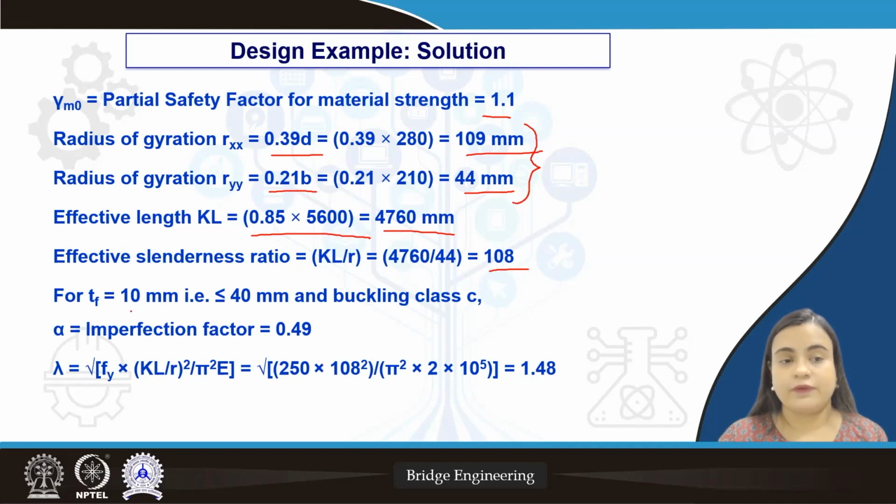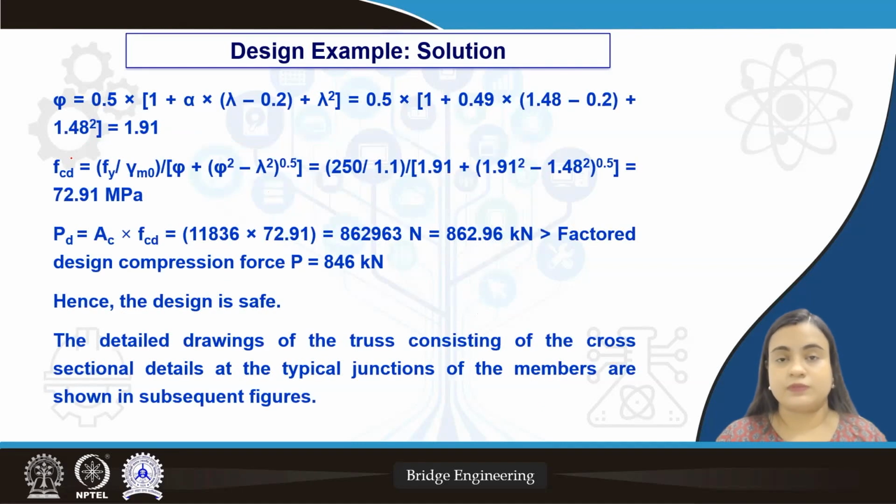So for TF equals 10 mm, which is less than 40 millimeter, and buckling class C, alpha, that is the imperfection factor, will be 0.49. So lambda can be determined as 1.48 from the expression. Phi as a function of lambda and alpha can be obtained as 1.91.